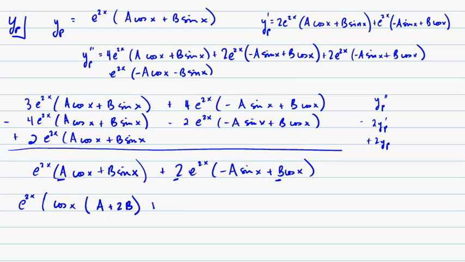And then I have plus sine x, and then I have a b here, minus 2a. And that needs to be e to the 2x cosine x minus 3 sine x.